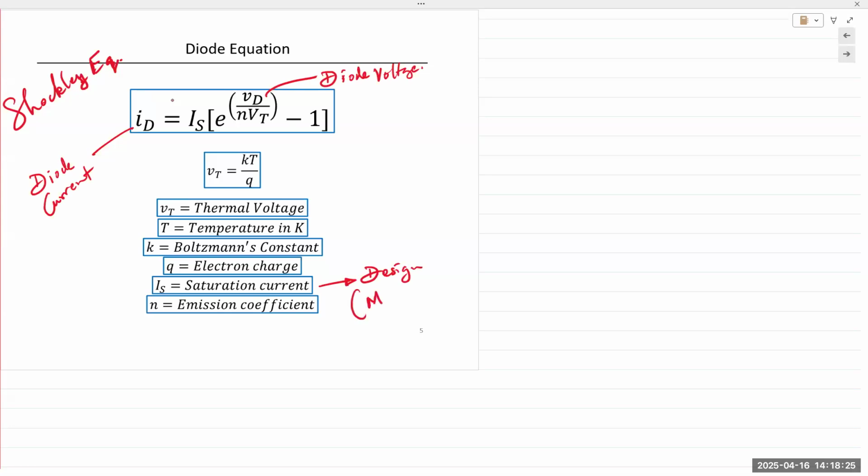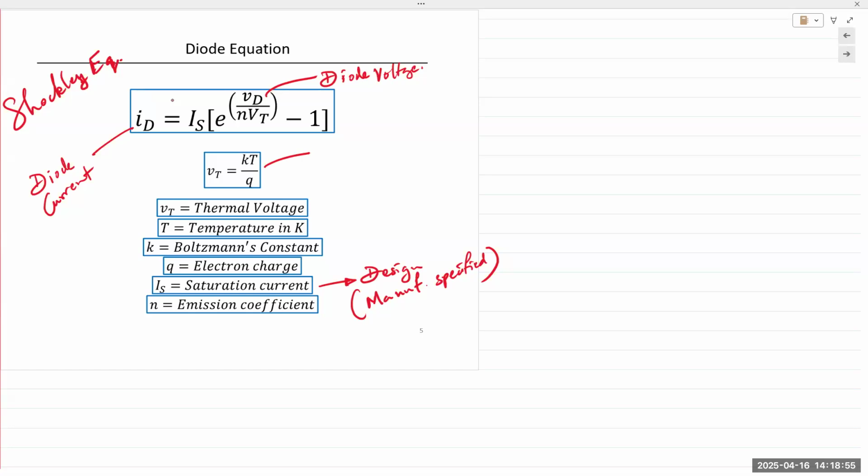So it's in the hands of the manufacturer, and the manufacturer specifies this on the data sheet. So it's manufacturer provided. The manufacturer provides this value for saturation current. And then we have e raised to VD over nVT, minus 1. VT is the thermal voltage. We spoke about this. It's kT over q. k is the Boltzmann constant, T is the temperature in Kelvin, and q is one unit charge.